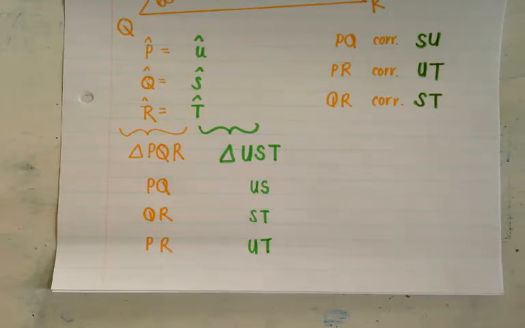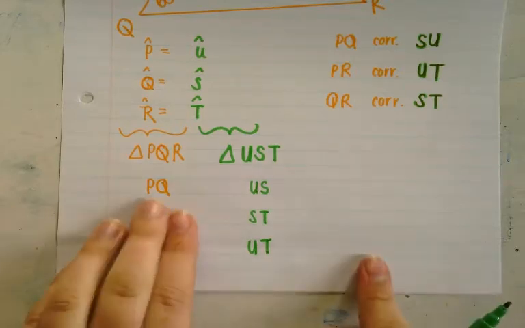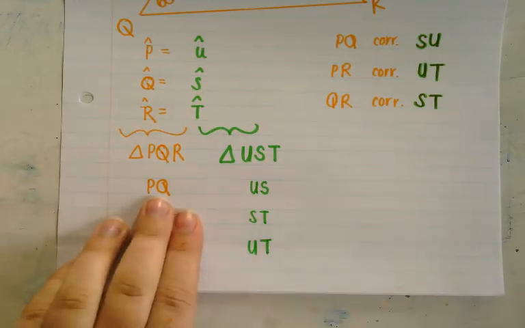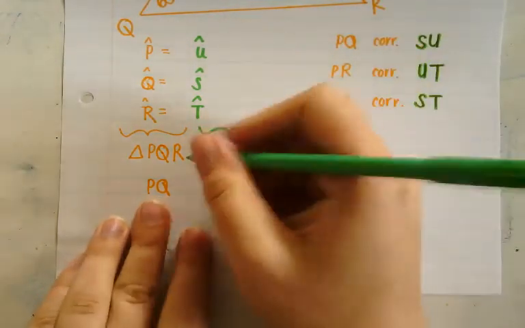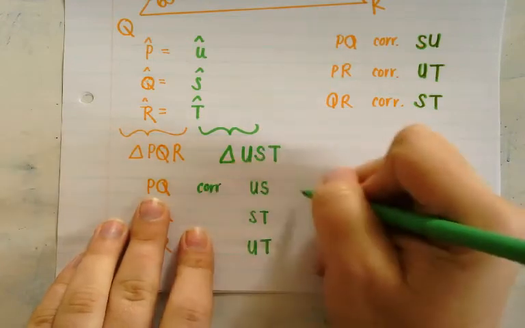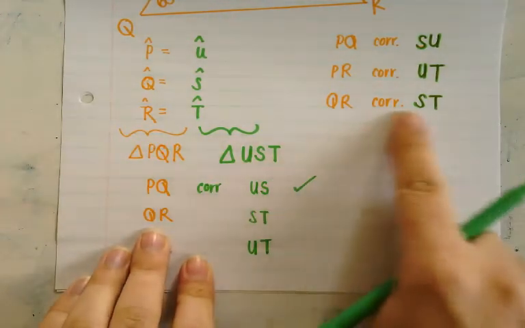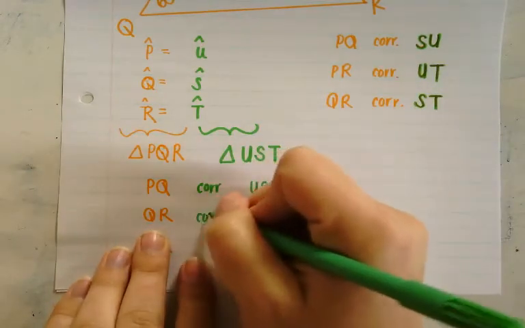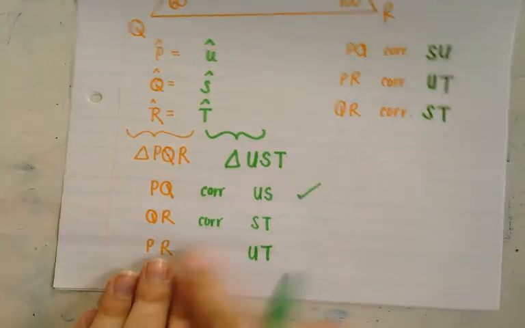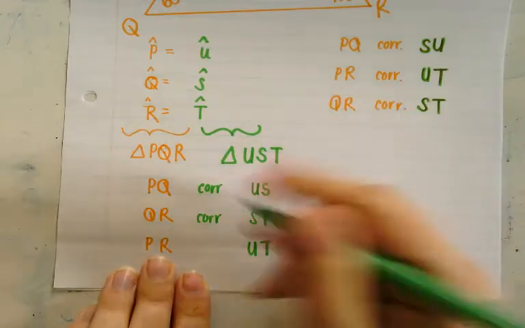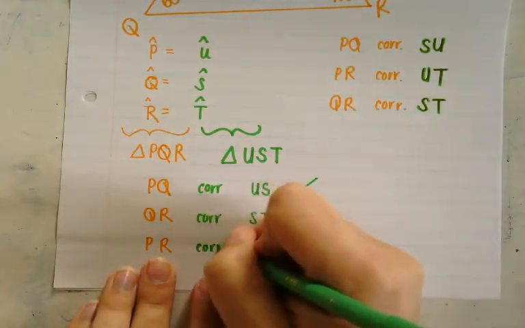Is it the same as what we just wrote? PQ corresponding to US. PQ, SU, yes. Does match. QR and ST, QR and ST. And PR and UT, PR and UT.